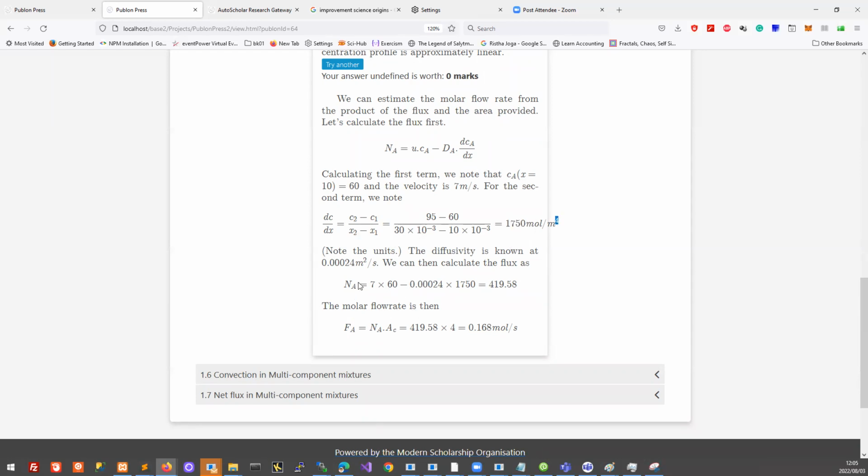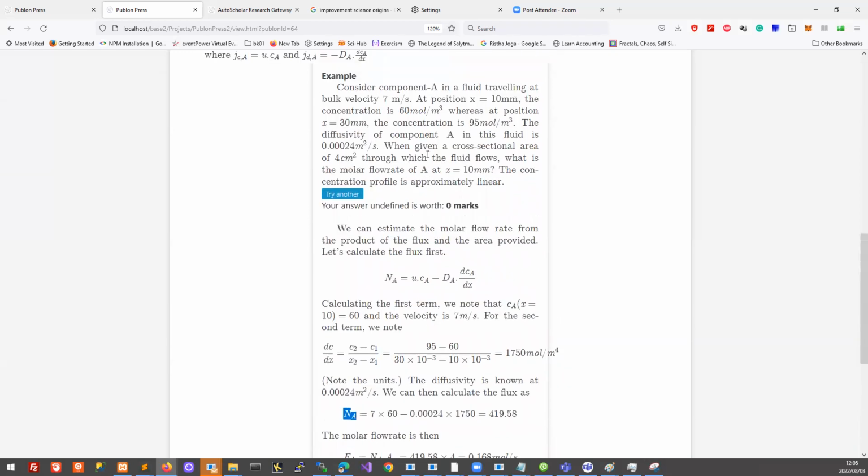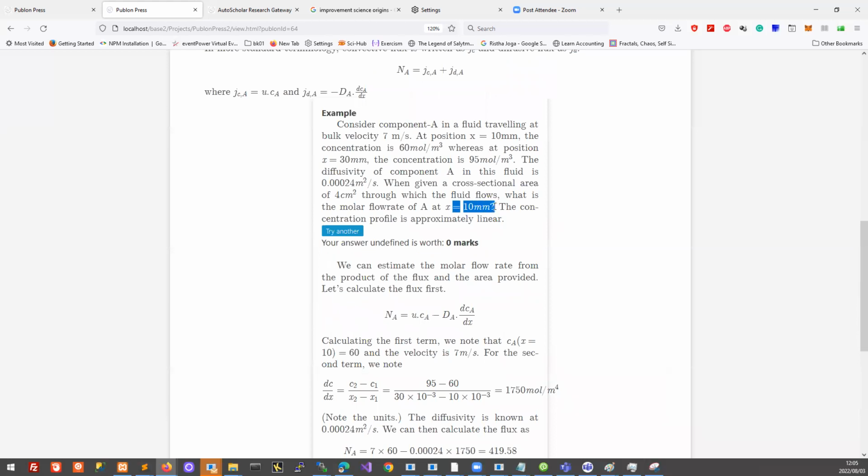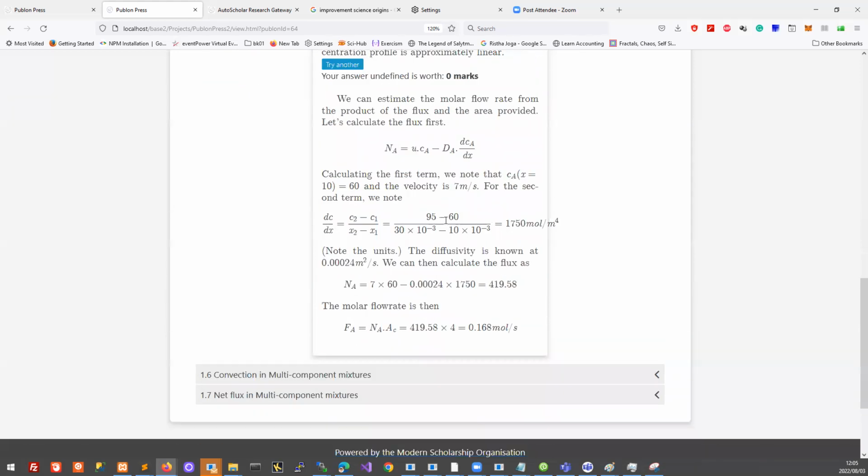And then we can estimate the molar flux using the given velocity, and we are told which position to look at. So if we are asked for the molar flow rate at that position, 10 millimeters, then we have to use the concentration that corresponds to that. At 10 millimeters, it's 60 moles per cubic meter. So we use the 60. So it's velocity times 60.